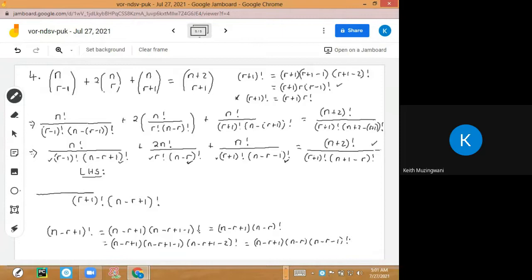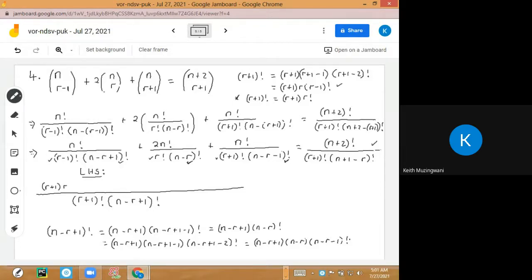And then let's see now what remains. On the left, you've seen that r plus 1, r minus 1, we only remain with r plus 1 multiplied by r.